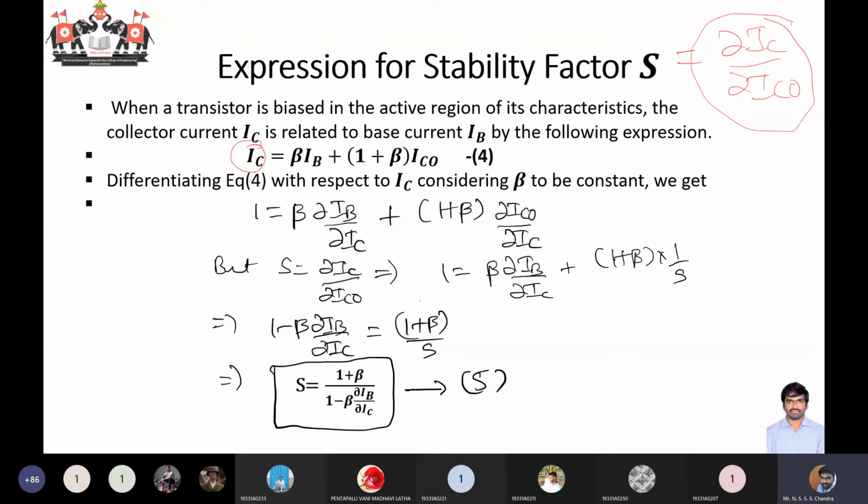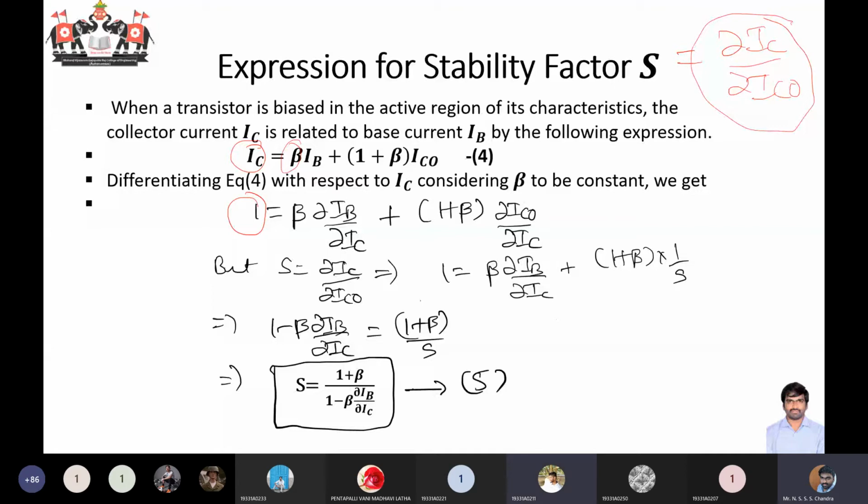What happens when you differentiate IC with respect to IC? It will be equal to 1. So 1 equals, keeping the beta and VBE values constant, so beta is a constant value. What will be the differentiation of beta into IB? Please respond.